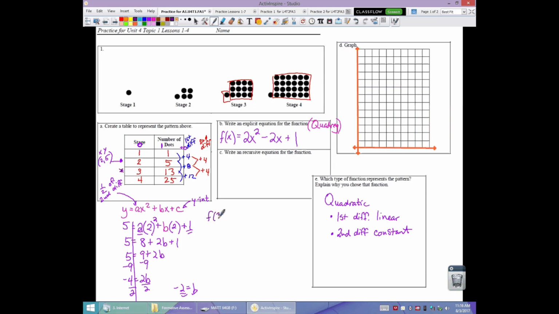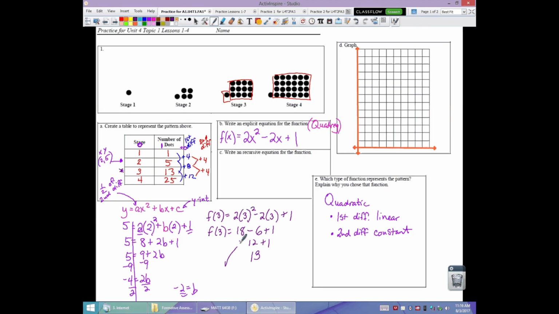So if I try f of 3, 2 times 3 squared minus 2 times 3 plus 1. So f of 3 is, 3 squared is 9, times 2 is 18. 2 times 3 is 6, so 18 minus 6 plus 1. 18 minus 6 is 12 plus 1, so 13. Yes, it checks out, it works.